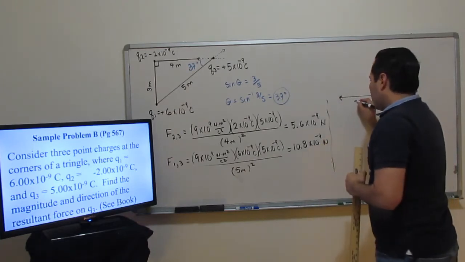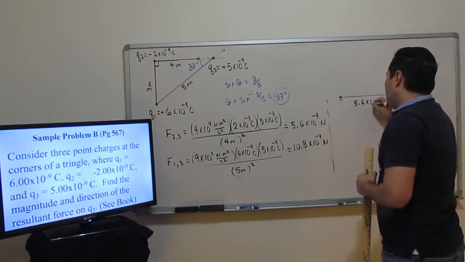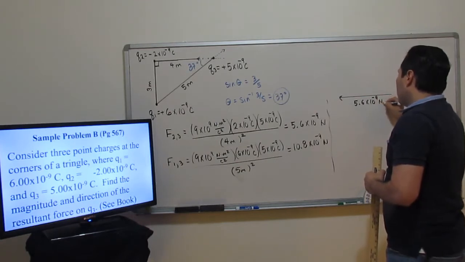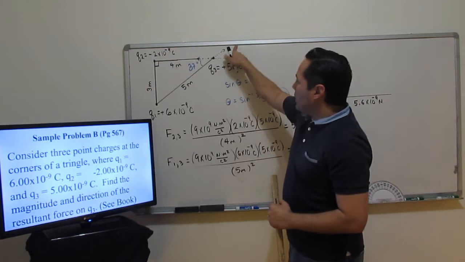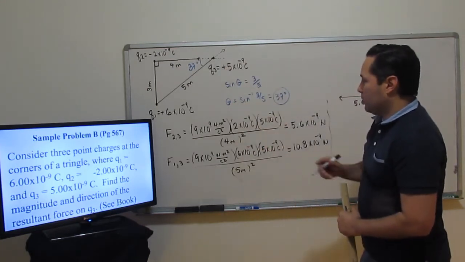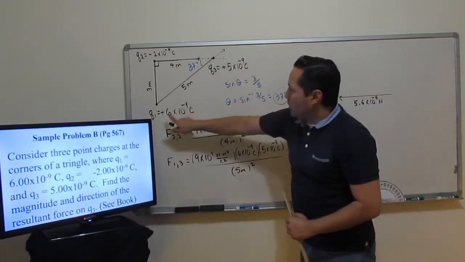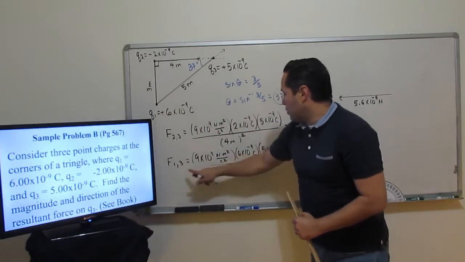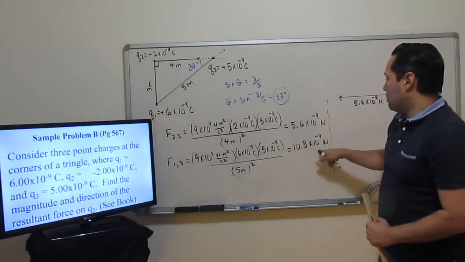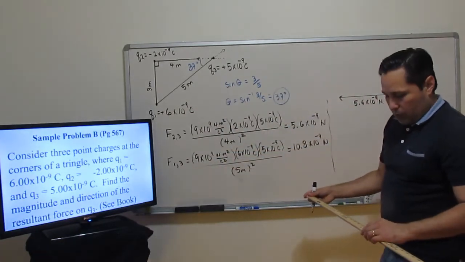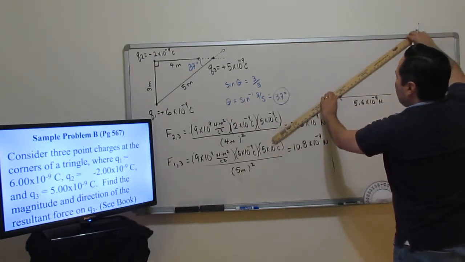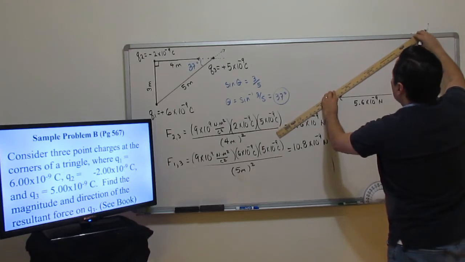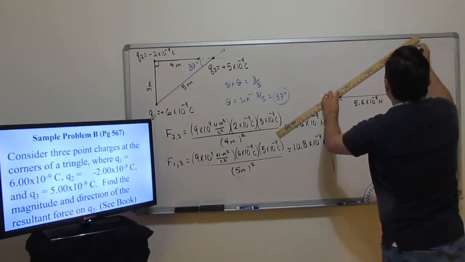We have our force that is 5.6 times 10 to the negative 9 newtons going that way. Our next vector is going in that direction, at 37 degrees. What's that vector? It is 1 and 3. Between 1 and 3, it is 10.8 times 10 to the negative 9, so that's going to be 10.8, and about that angle, roughly about that.